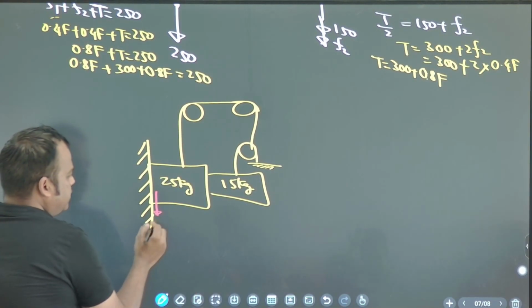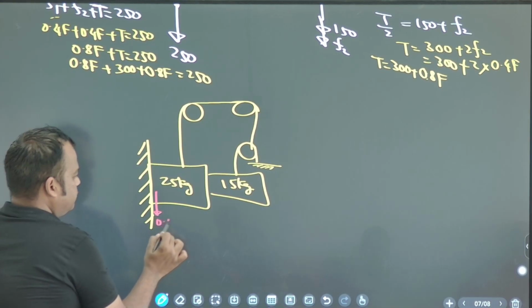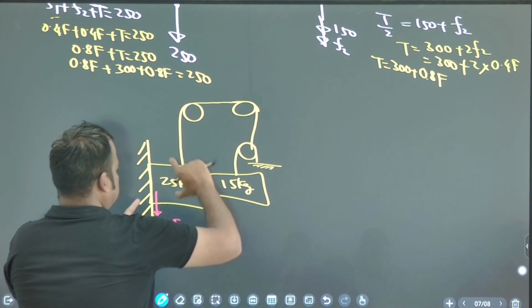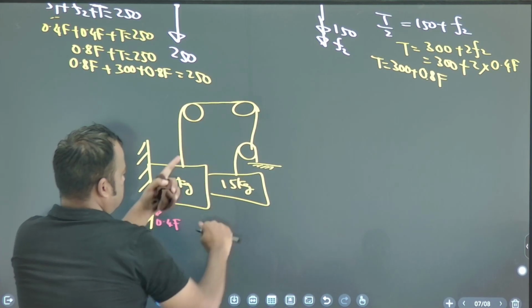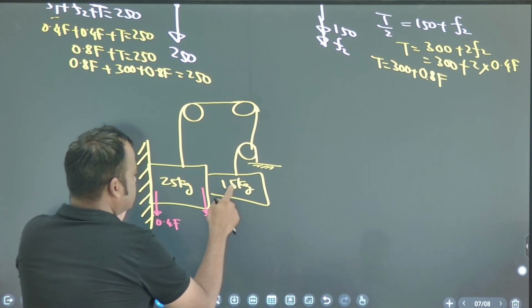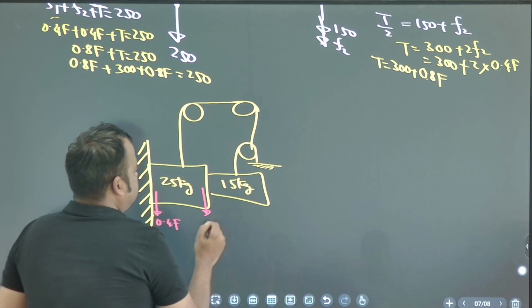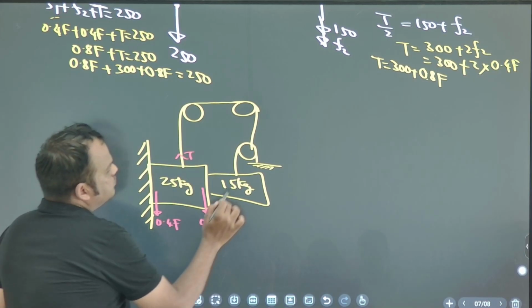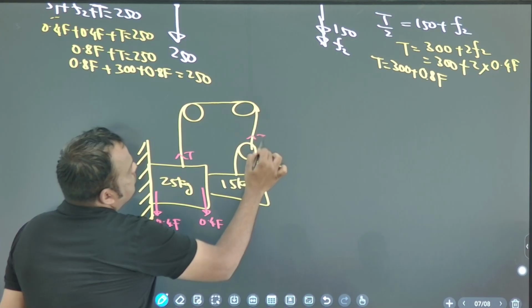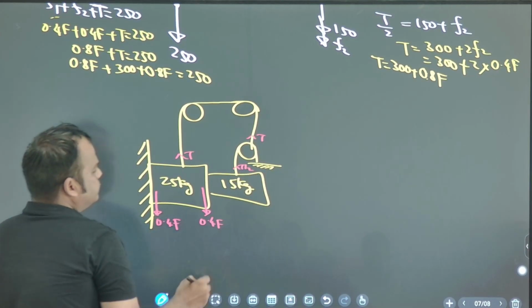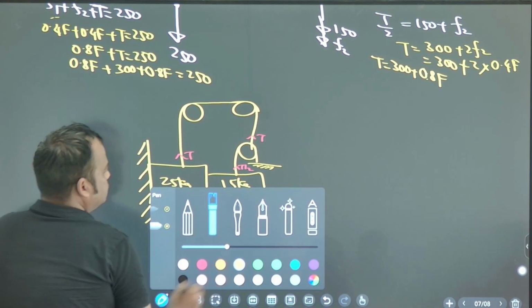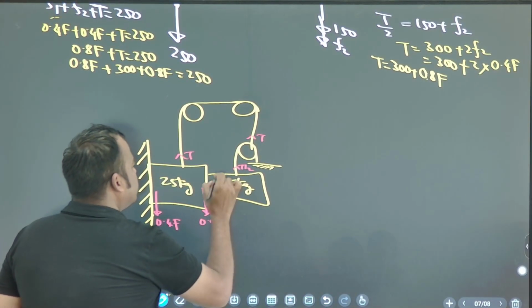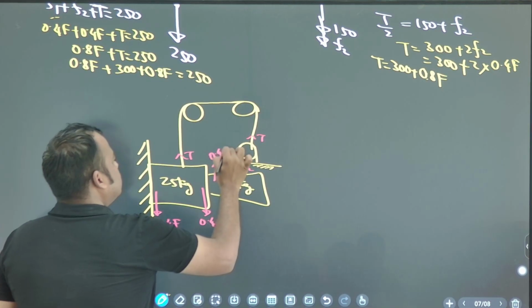So friction is here 0.4 F. So one more friction will be here due to this 0.4 F. Tension here T by 2. And for this friction will be up, mu S n.